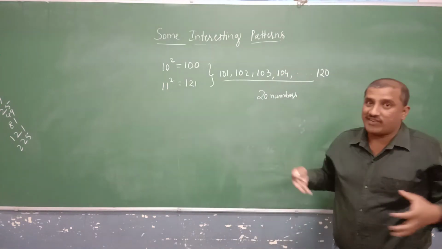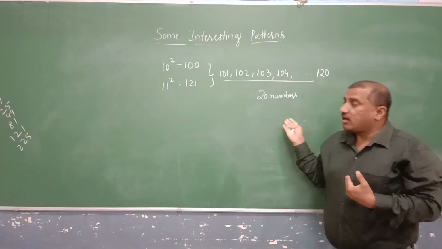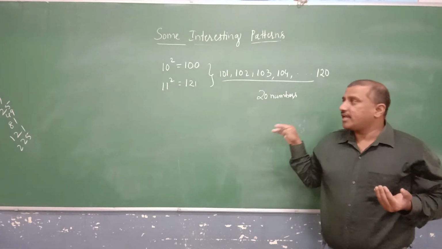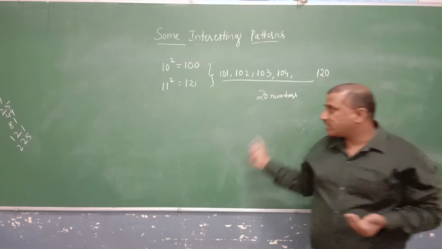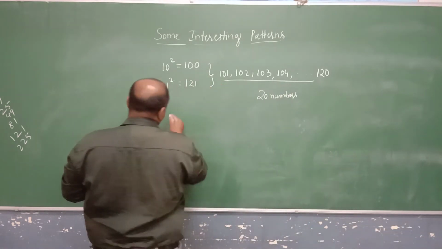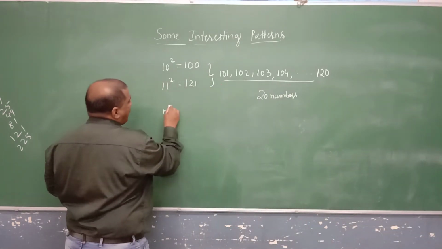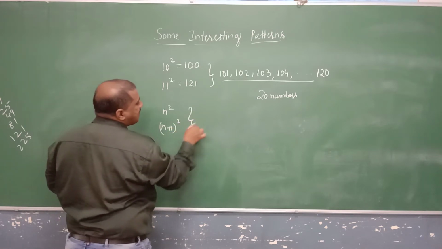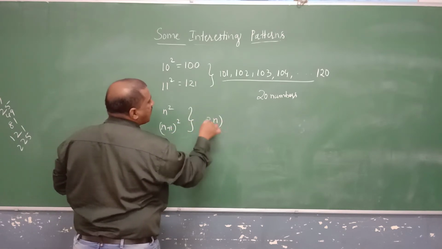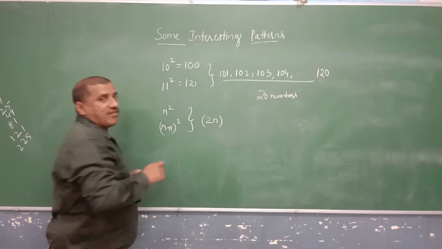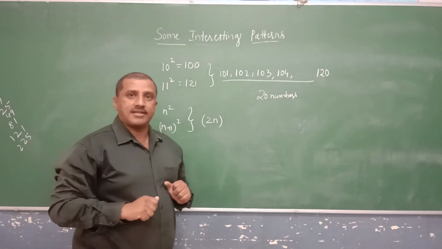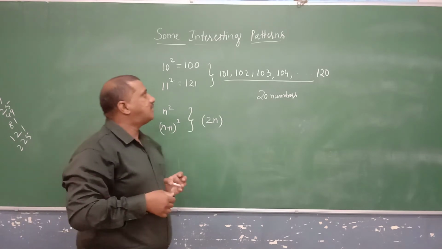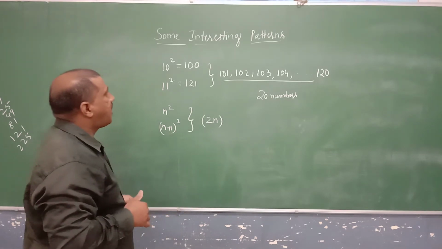Between these two perfect squares, there are twice the number of n, that is 2n, non-perfect squares. So this is one thing which we need to learn here in these interesting patterns.